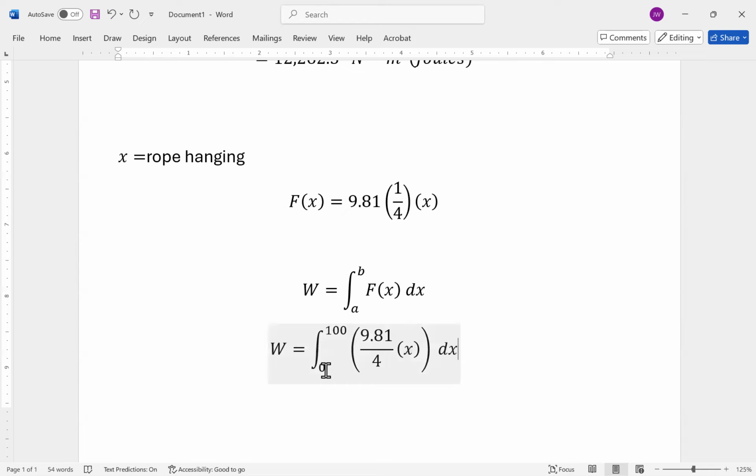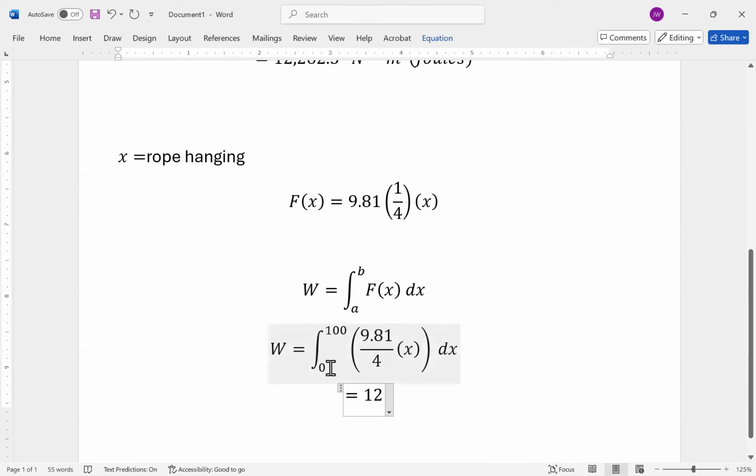Because otherwise I get a negative work being done. So if I want a positive work being done, I start at 0 and end at 100. The amount of rope hanging changes from 100 to 0.